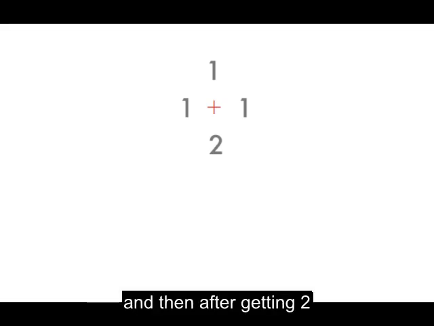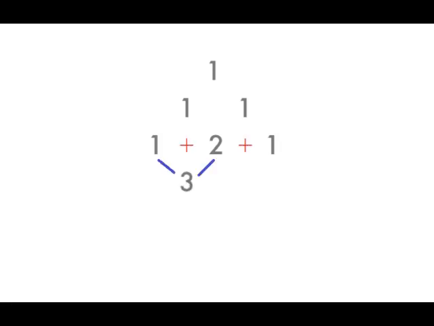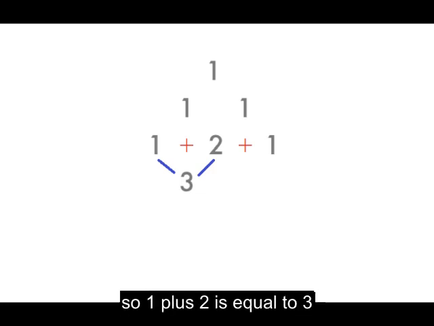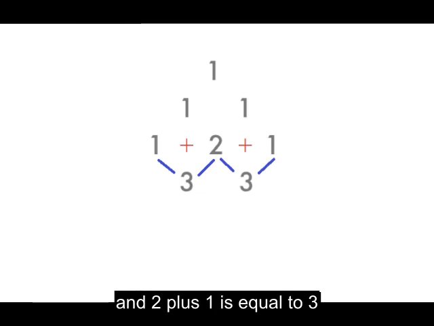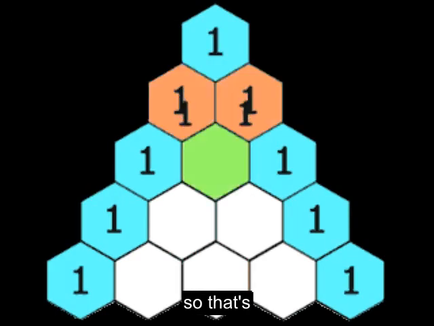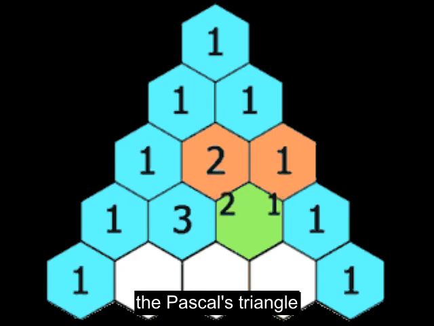And after getting 2, again write 1 to the left, another 1 to the right. You again add 1 and 2 here. So 1 plus 2 is equal to 3, and 2 plus 1 is equal to 3. And again, add 1 to the left and 1 to the right. So that's basically how you generate all the other values of Pascal's triangle.